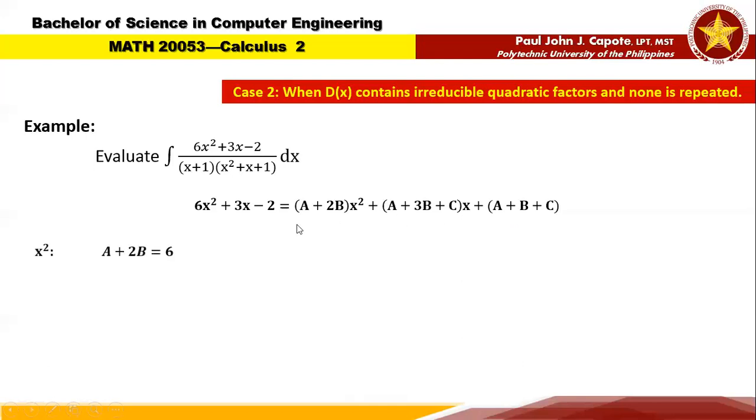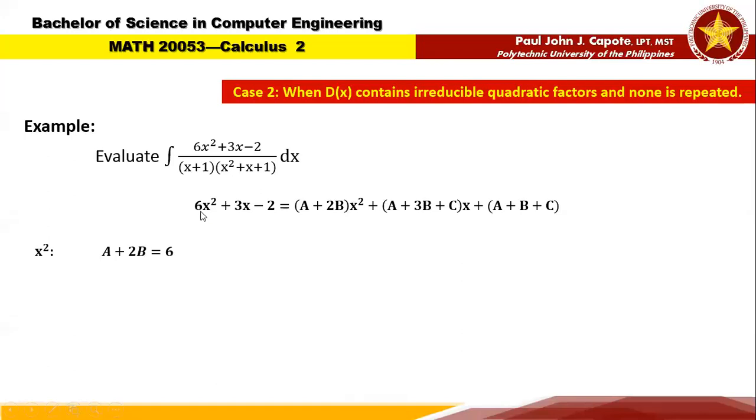We equate the numerical coefficient a plus 2b to 6. Why? Because they are of the same degree, x squared and x squared. So we have a plus 2b equals 6.